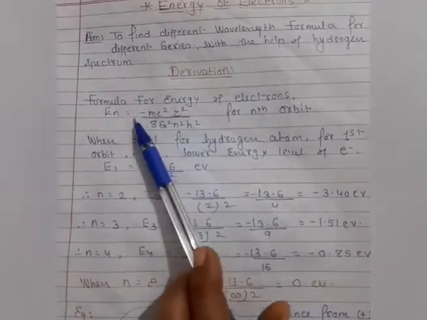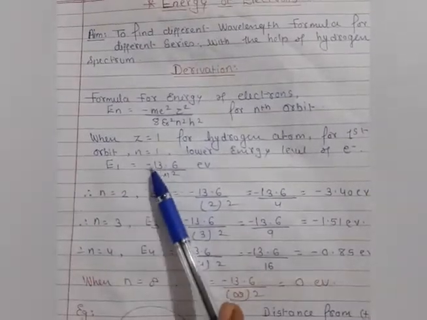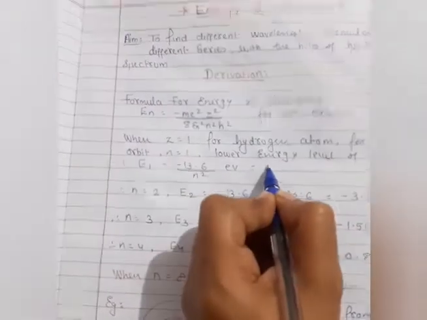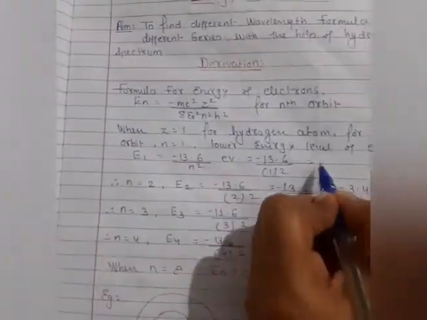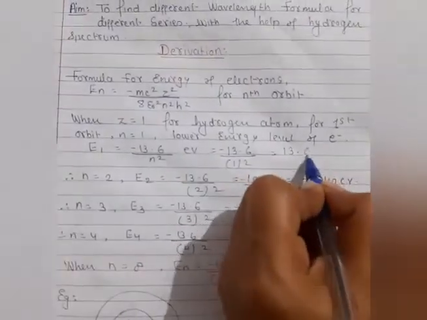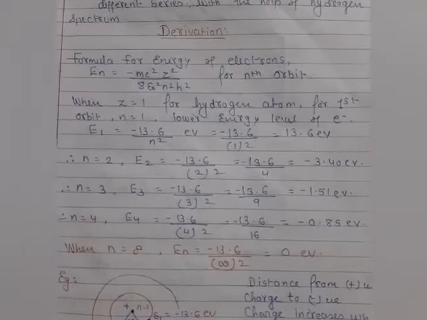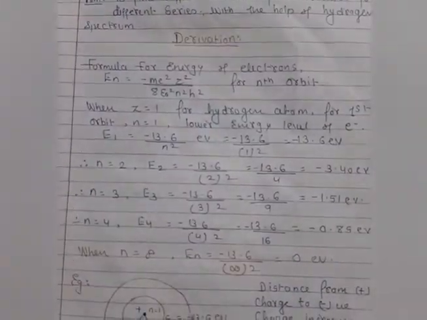When we take all these values in the calculation, we get minus 13.6 upon n square. Taking n as 1, that is minus 13.6 into 1, so here I get minus 13.6 electron volt, which is the energy of the first orbit. Hope you are clear about how we find the energy of the first orbit.